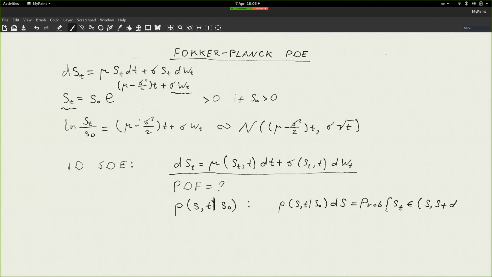That's why it is a probability density function. Here s and t are arguments of our probability density function. Okay?